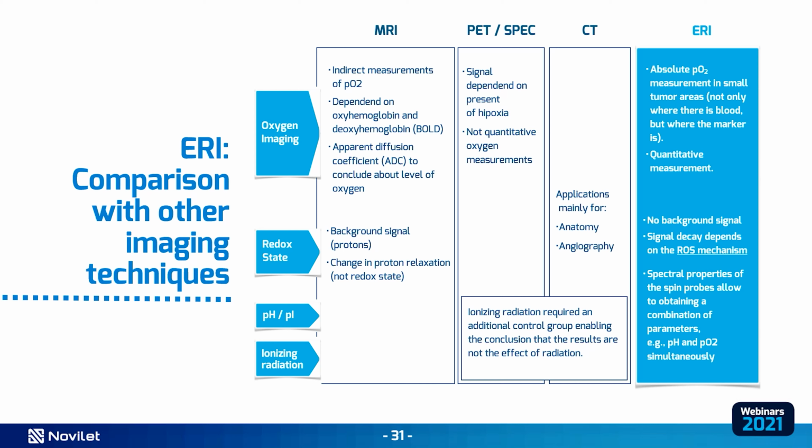The lack of ionizing radiation means there is no need for an additional control group to eliminate the radiation impact. All this makes ERI a powerful and constantly developing technique with great scientific potential.